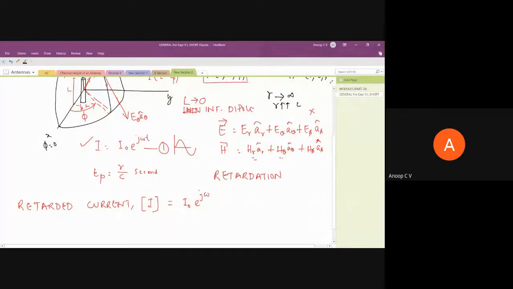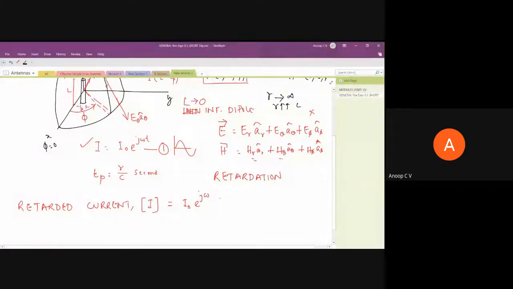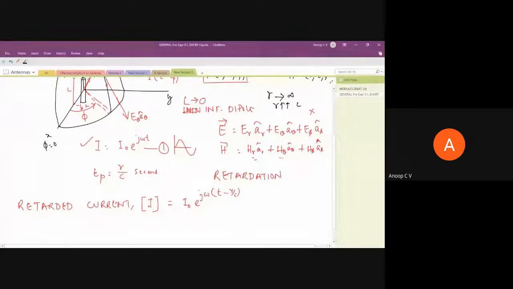It's not happening instantaneously, but after some time r by c, which is called the propagation time. This is the retarded current, and I have to use it to do the analysis. So this is equation number 2.